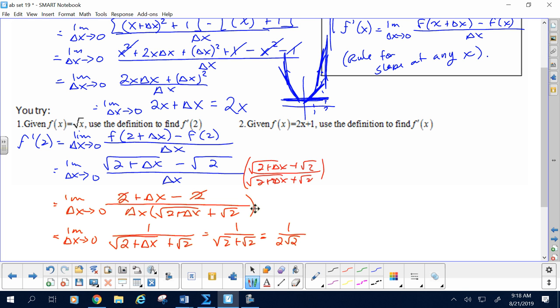All right. We didn't have time, but if you really are on your game, I know it says use the definition, but maybe we could kind of anticipate this. Do you agree 2x plus 1 is a line? So what's the rate of change at every point?